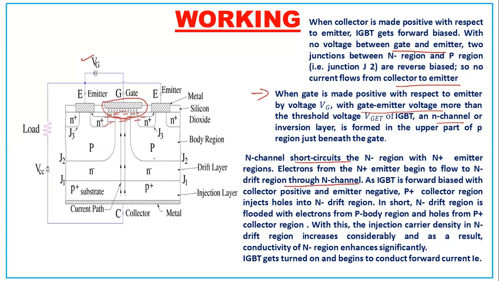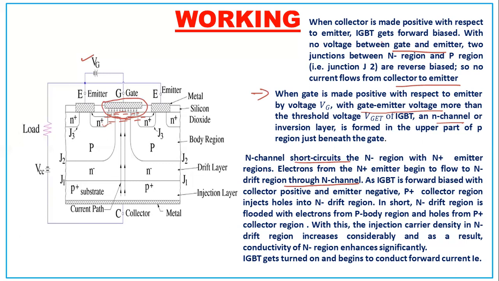So current will be in the opposite direction, opposite direction to electron flow, right? Electrons will flow from N plus to the N minus drift region, and that's why we have the current path like this. As IGBT is forward biased with collector positive and emitter negative. Remember that.